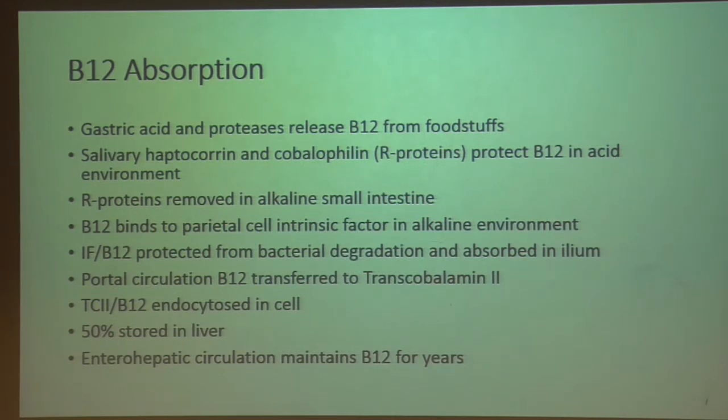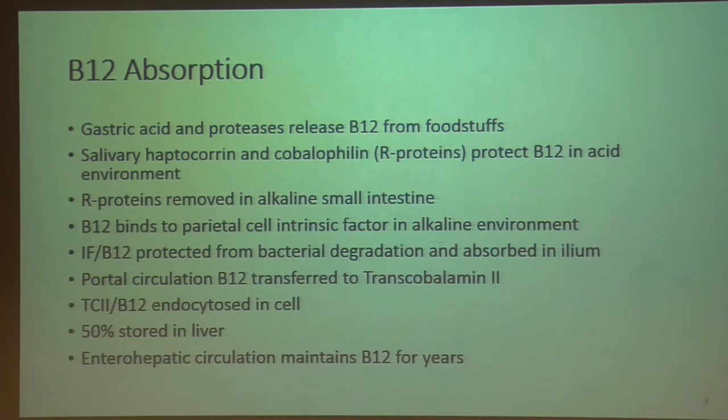Salivary haptocorrin and cobalophilin are two of them, and these protect B12 in the acid environment. So it's broken down from food, then stabilized in the stomach. Then in the alkaline small intestine, the R proteins are removed, and B12 binds to parietal cell-formed intrinsic factor.